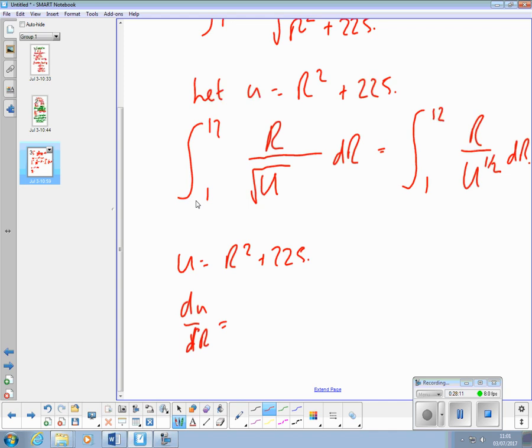Sorry, it disappears. The 2 comes down, take 1 off the index. Differentiating, yeah. Therefore, dr is equal to du by 2r.